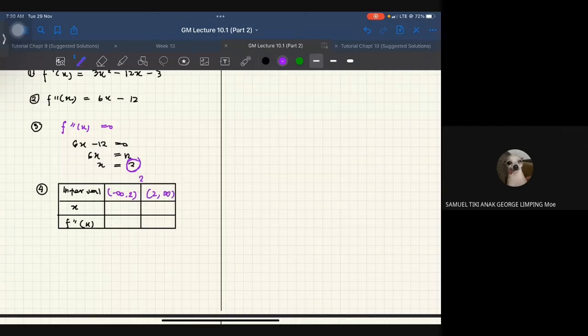Itu sahaja. Okay, now let's choose a value that lies in between this interval. Okay, so for the first interval, saya akan choose value 0. Okay, and then for the second interval, I will choose 3. Okay, so actually, awak boleh choose any number. Awak boleh ambil apa-apa je nombor yang ada in between this one.